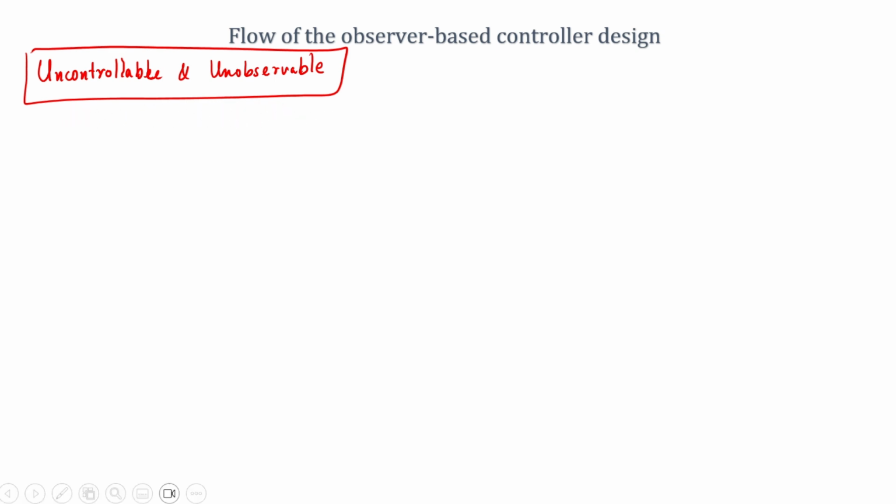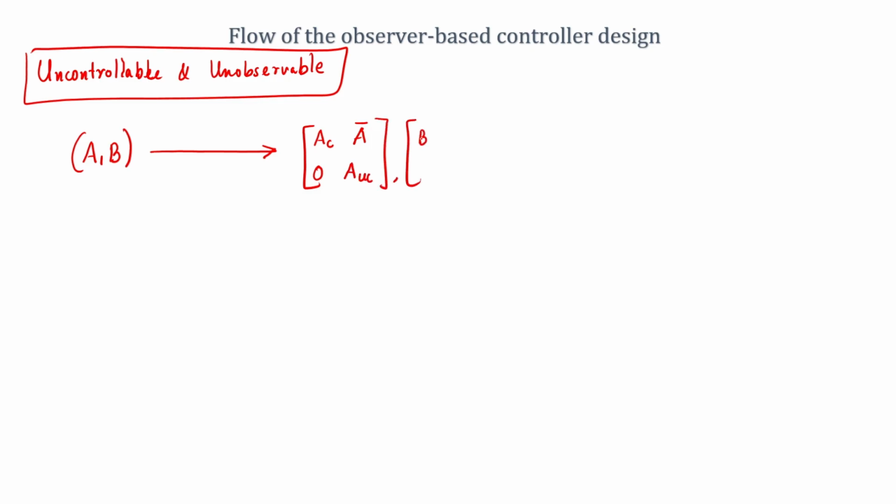So how are we going to design the controllers? Since the system is uncontrollable, you have the A, B matrix. Convert this matrix with an appropriate transformation to the form A_C, A bar, 0, A_UC and B bar, 0.